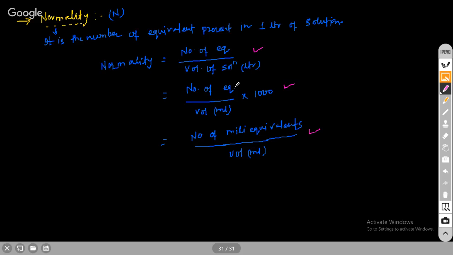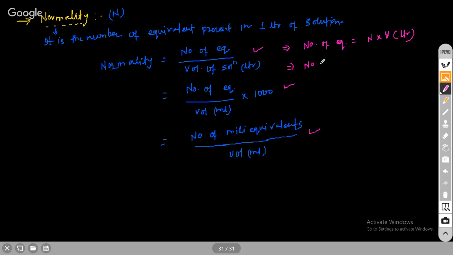Now from this, for any substance or solution, if you have to find out the number of equivalents, you will write normality into volume, that is N into V, and this volume should be in liter. But if the volume is in milliliter, then normality into volume gives you number of milli equivalents.